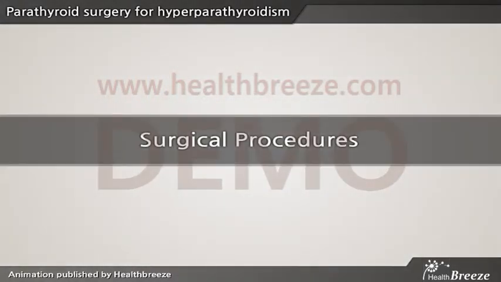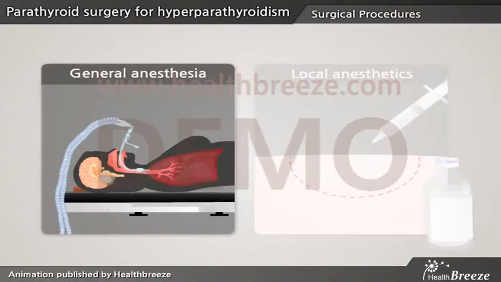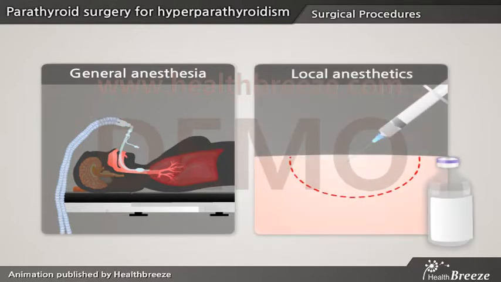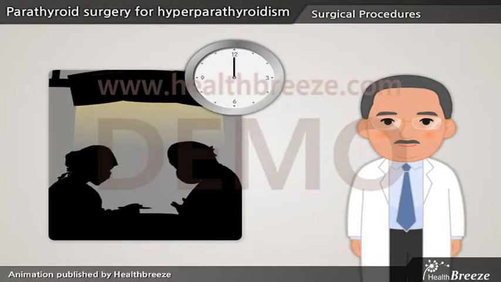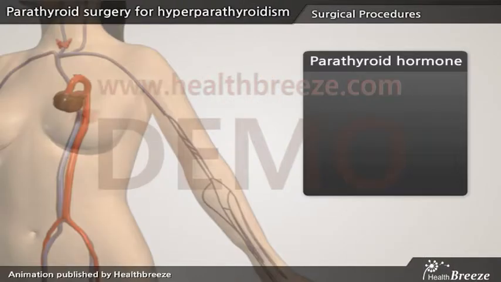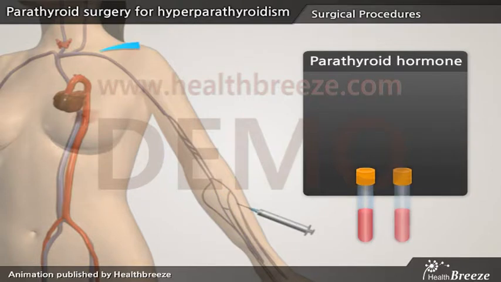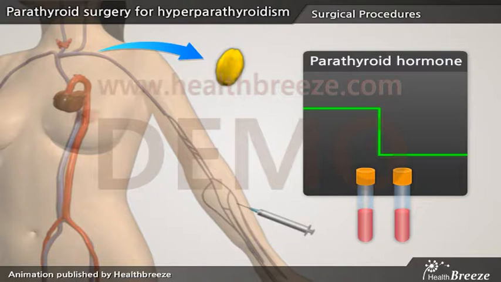Surgical procedures. The surgery can be performed under general anesthesia or using local anesthetics. Depending on the surgical approach, duration of surgery can be 1 to 3 hours. The surgeon will send multiple blood samples during the surgery to check for an appropriate drop in the level of parathyroid hormone once the specimen is out, to confirm the source of hyperparathyroidism has been successfully treated.